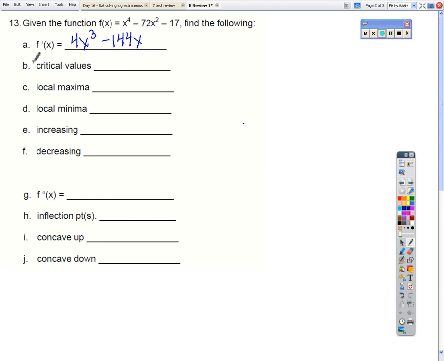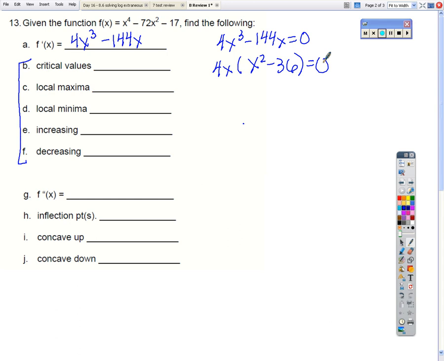To find this first group, we need to set our derivative equal to 0 and solve. So we can factor out the greatest common factor of 4x. Set each factor equal to 0.